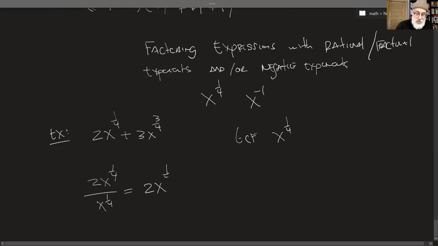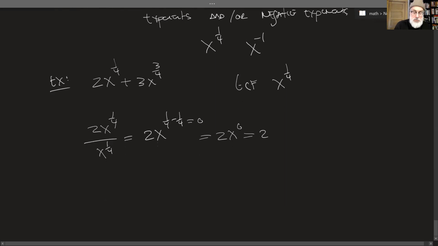So remember that when I have a denominator, same base x, I just subtract the exponents. So this becomes 2x to the 0, which is 2. Now what about 3x to the 3/4? Divide by x to the 1/4. This becomes 3x to the 3/4 minus 1/4.